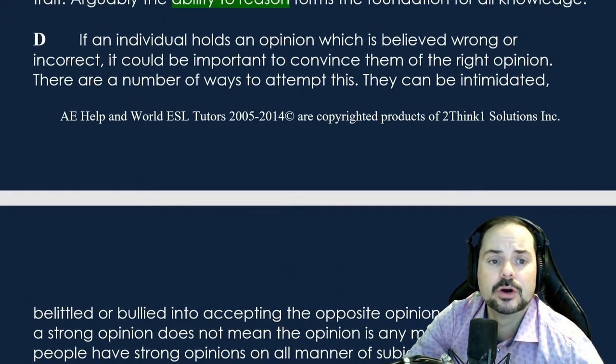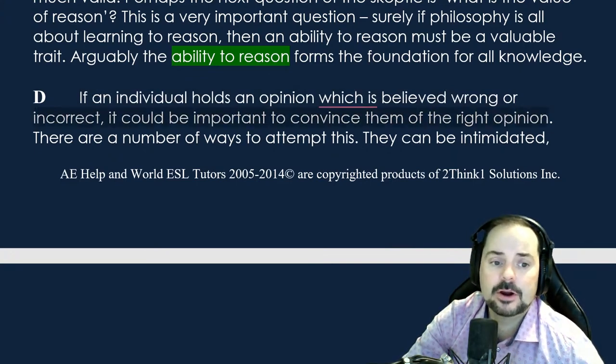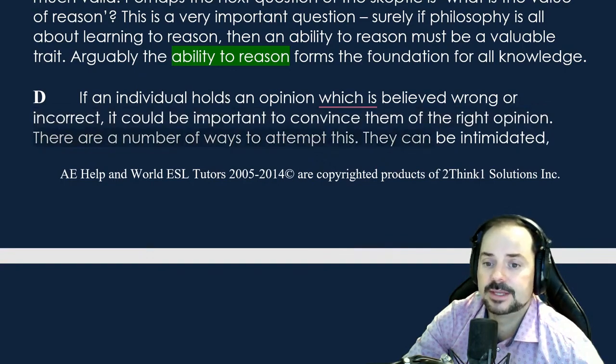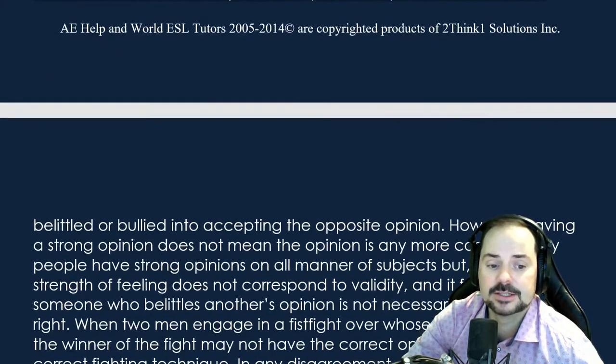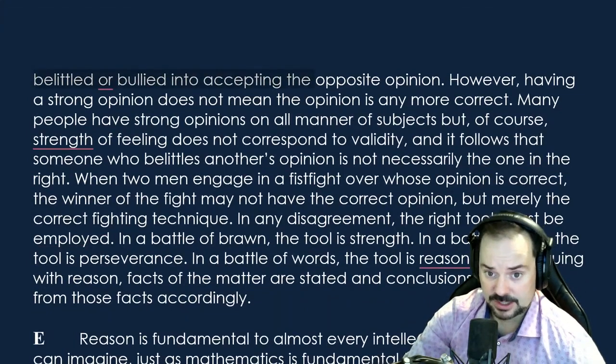So here we go. If an individual holds an opinion which is believed wrong or incorrect, it could be important to convince them of the right opinion. There are a number of ways to attempt this. They can be intimidated, belittled, or bullied into accepting the opposite opinion. However, having a strong opinion does not mean the opinion is any more correct.